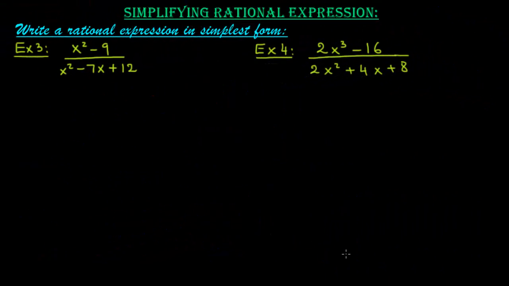So in this section, we're going to see how we can simplify a rational expression. Basically, the main method for simplifying a rational expression is factoring. So make sure you're strong on factoring before you get into this section.